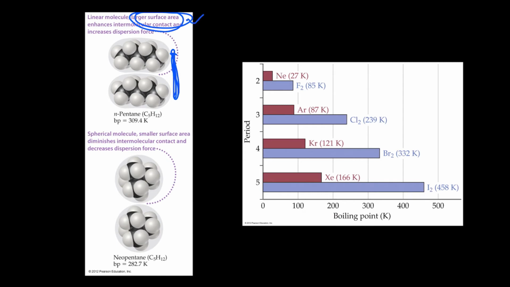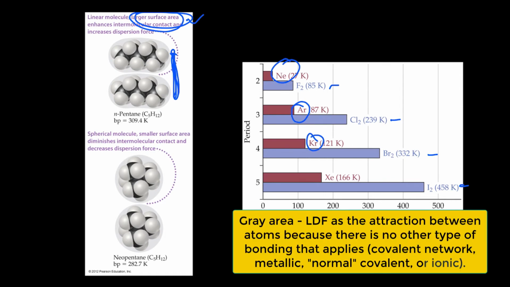Larger surface area, which enhances intermolecular contact, is going to be a feature. Note that LDFs are an intermolecular force, but it can be a force of attraction between atoms for which there is no other force of attraction, like the noble gases, for example.